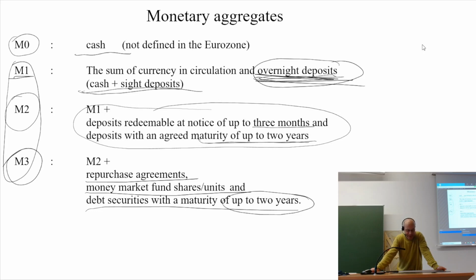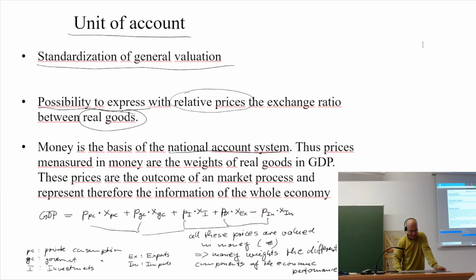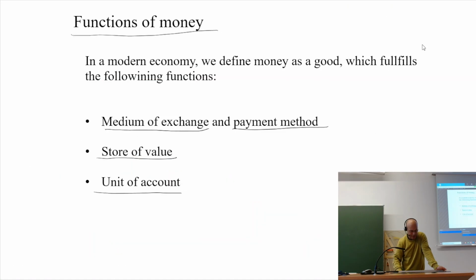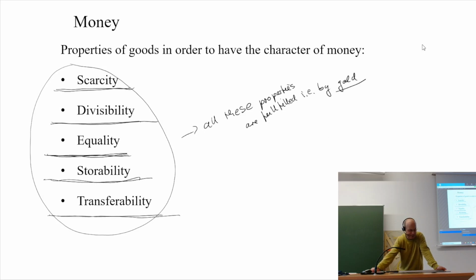Well, Bitcoin is quite, yeah, it is not easy to answer, because let's go to the properties. Scarcity for Bitcoin, because we have this algorithm behind it.